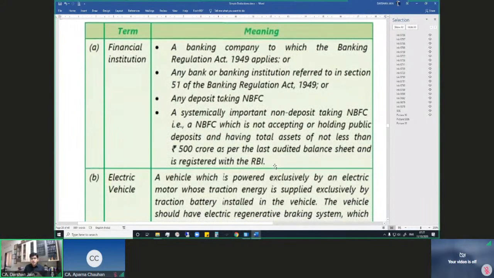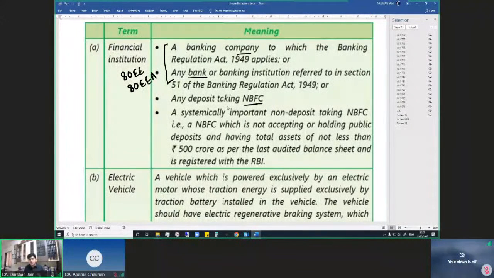Here we have got some more financial institutions covered. What they say is it could be a banking company, any bank or a banking institution referred in the Banking Regulation Act. These two were anyways covered under 80EE and 80EEA. So we've got it covered again under 80EEB. Any deposit taking NBFC, now this is a new entry.